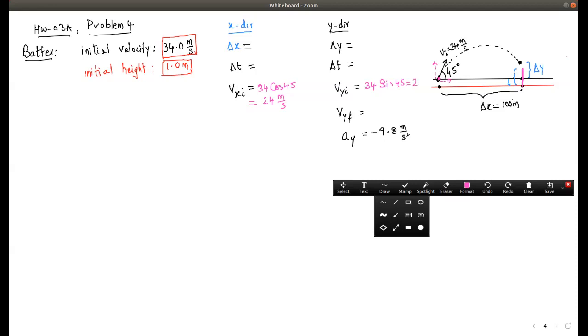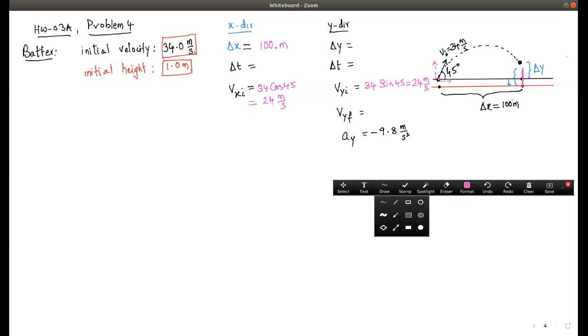So it's 24 meters per second. So be careful about that: in this particular problem, these numbers came out to be the same just as a coincidence, the angle was 45 degrees. Delta x is given to be 100 meters. So let me put that in. That's 100 meters.